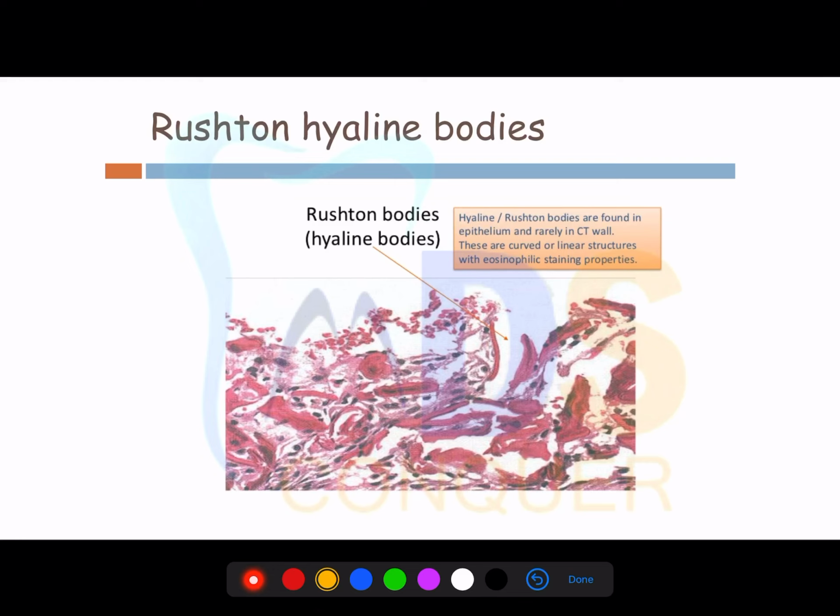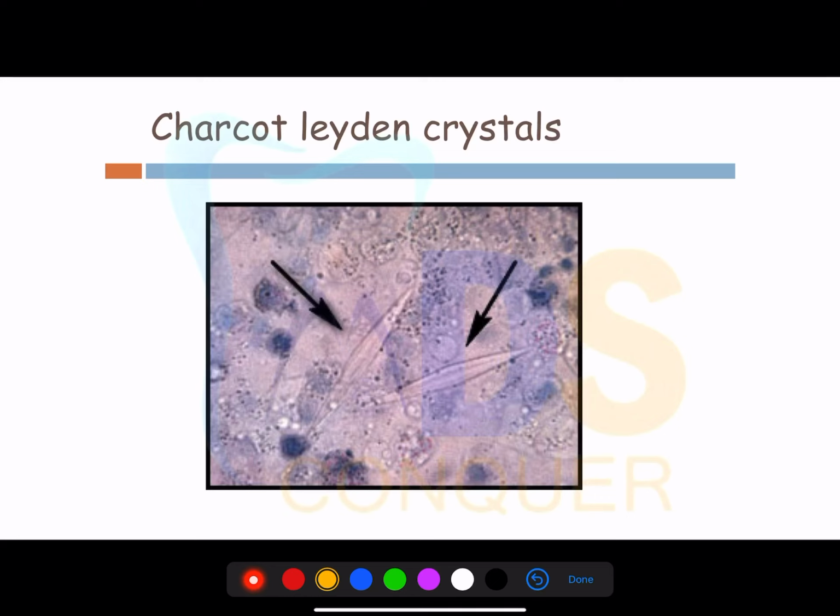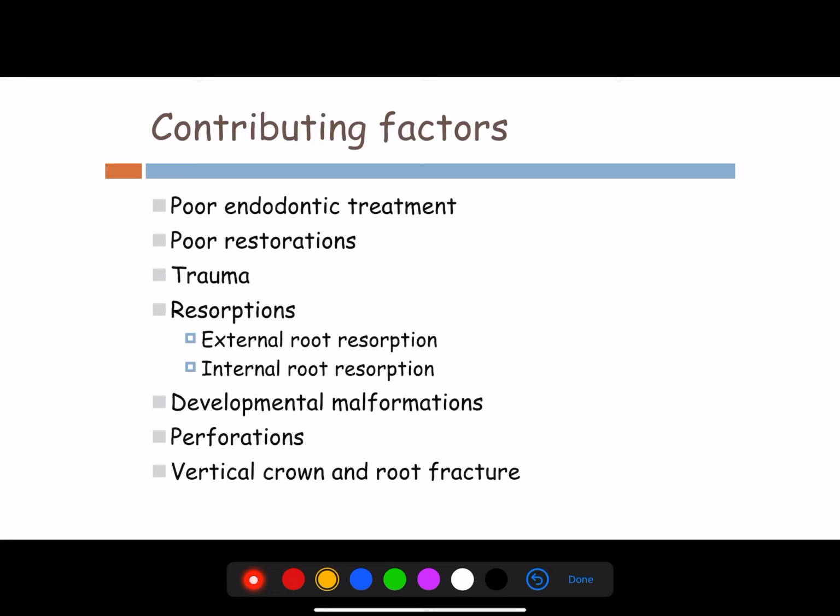These are the questions commonly seen in oral pathology, but please do make a note about the histological slide too, because there are high chances that they can throw a histological slide and ask you to identify it. And these are Leyden crystals.